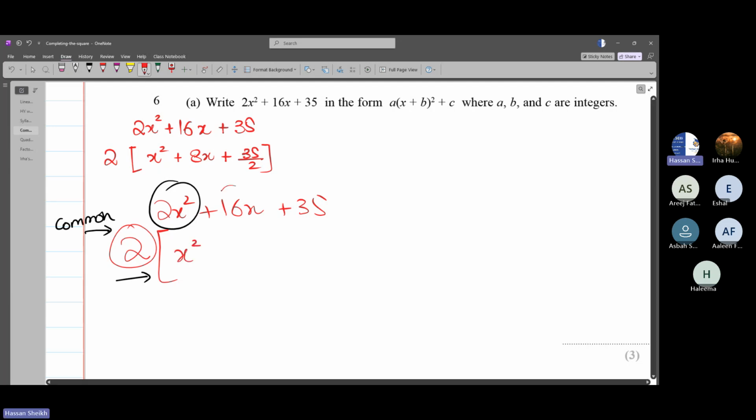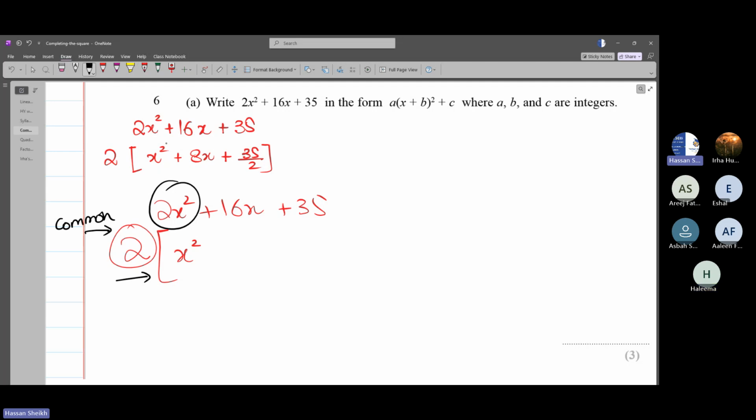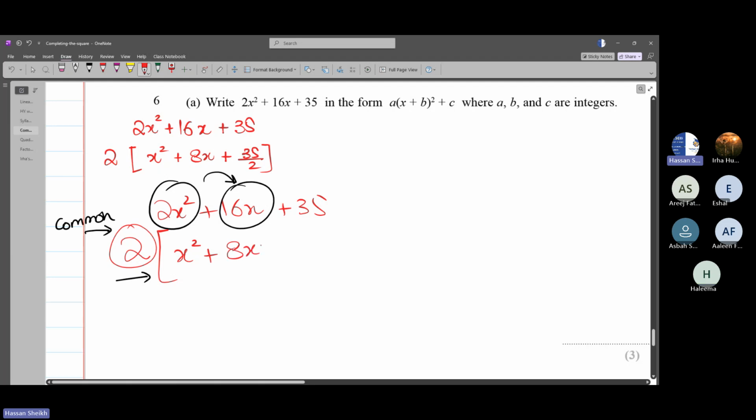Out of 16x, if 2 goes out, what is left? Remember that when it comes back into the bracket, it multiplies. So we are left with 8x, because when it comes back in, it multiplies with 2 times 8. That makes it 16.